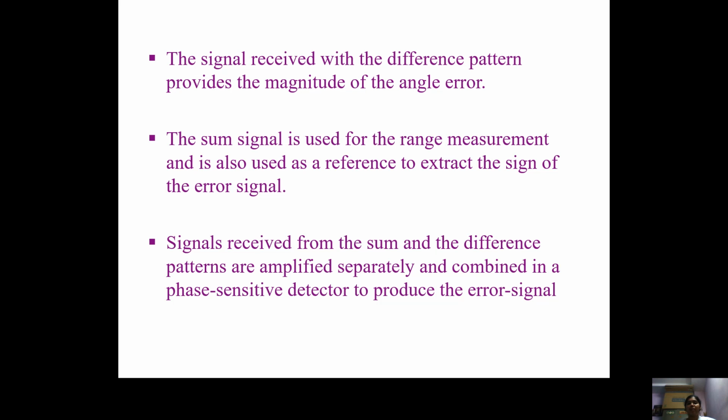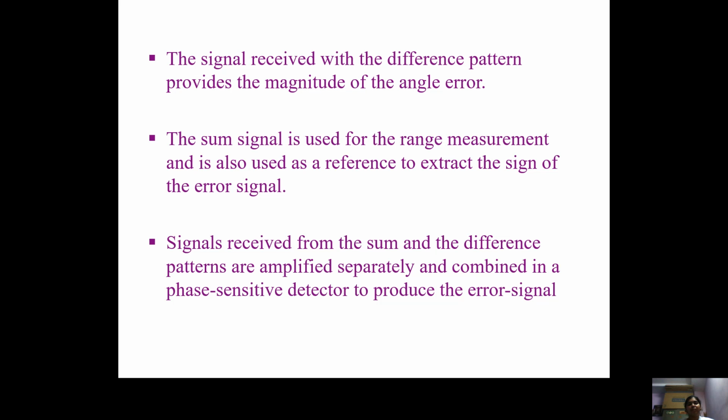The amplitude detector detects the amplitude variation in the received echo signal, and the sum channel is used as a reference to extract the sign of the error signal. It helps us provide the sign, whether negative or positive.